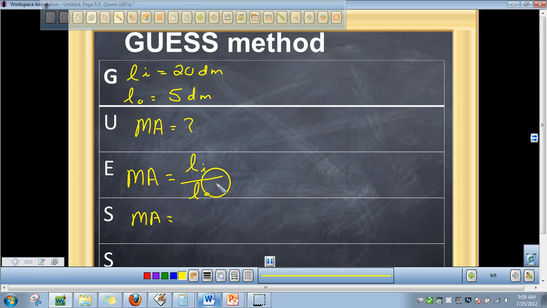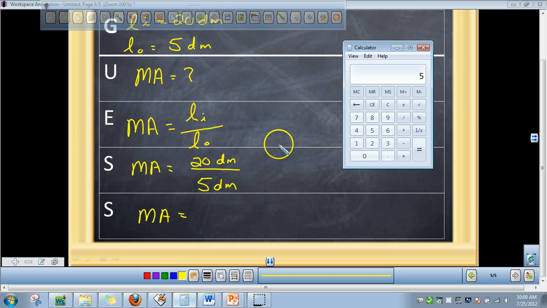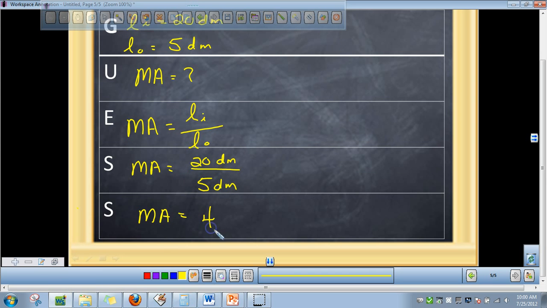Okay, if we substitute into our equation, we need input in the numerator, so that would be 20 decimeters divided by output in the denominator, 5 decimeters. And if you need your handy-dandy calculator, 20 decimeters divided by 5 decimeters is a mechanical advantage of 4.